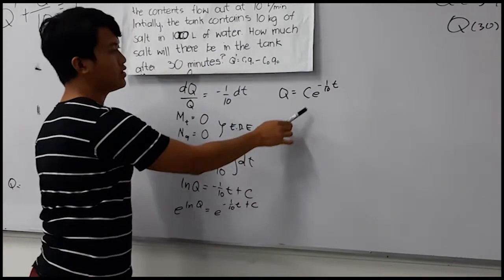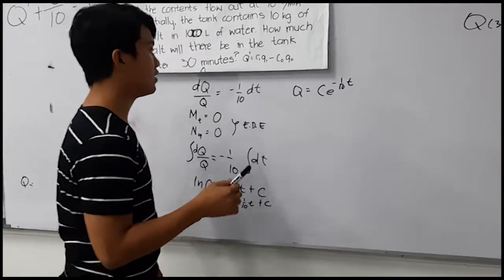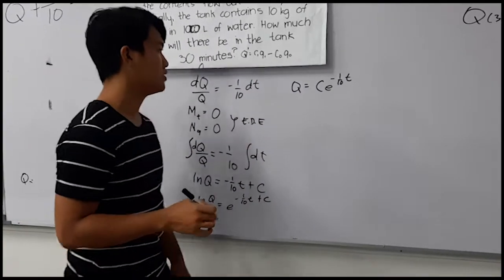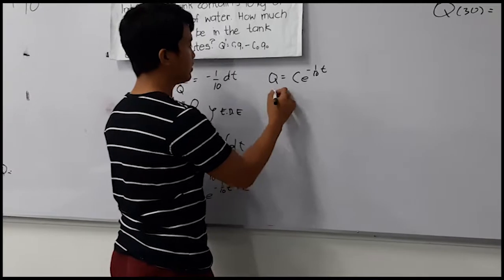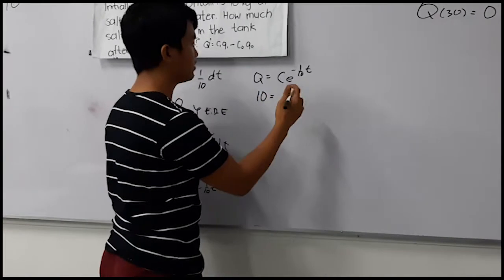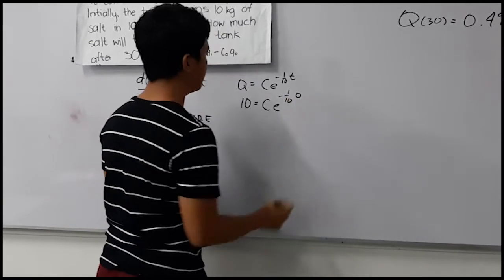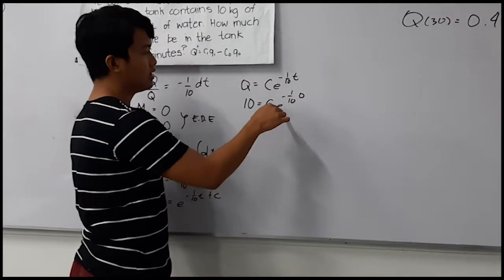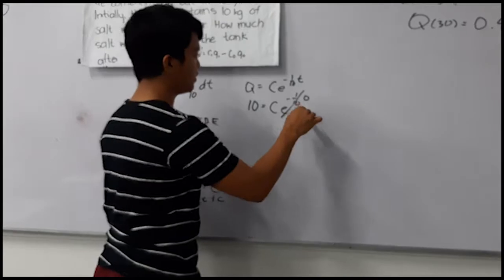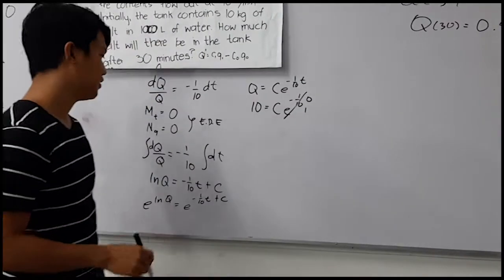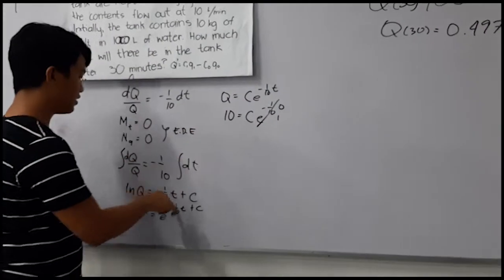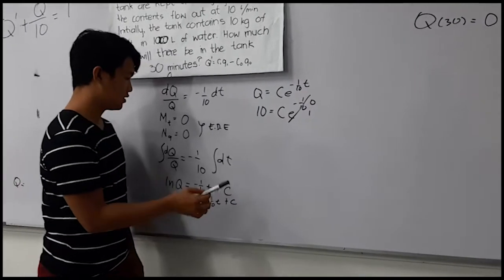In order to find c, we're going to plug in the initial condition, which is q is equal to 10 and t is equal to 0. So c e raised to negative 1 over 10 times 0. E raised to 0 is equal to 1. Therefore, our c is equal to 10. We're going to substitute into the equation acquired.